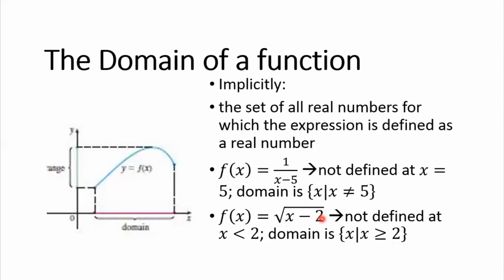It's defined. Therefore, the domain, or the set of all values that can make the function defined, is x such that x is greater than or equal to 2 only. Since we are using braces here, this means that this is a set. The set of x such that x is greater than or equal to 2. So that's the domain.